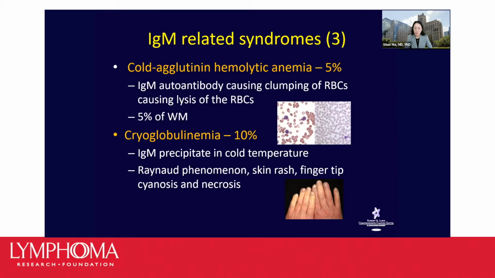And there's a phenomenon that people may have heard about, called Raynaud's phenomenon. Upon cold exposure, the patient reports that their fingertips turn pale or sometimes purple and painful. That's because cryoglobulinemia is resulting in impaired circulation, resulting in this very specific clinical syndrome.